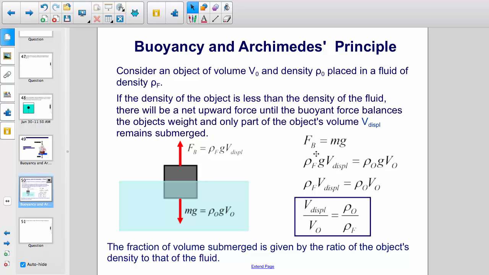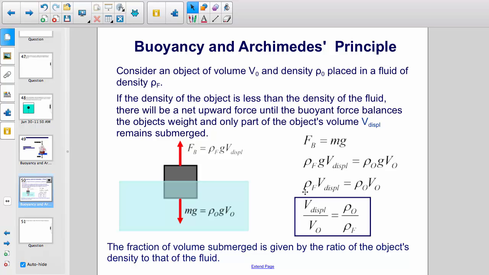So remember, rho f and v displacement are the mass of the fluid. In the case of the object, we have the density of the object, its volume, so that's its mass, and then multiplied by gravity. Well, g in both cases is a common factor and can be removed.